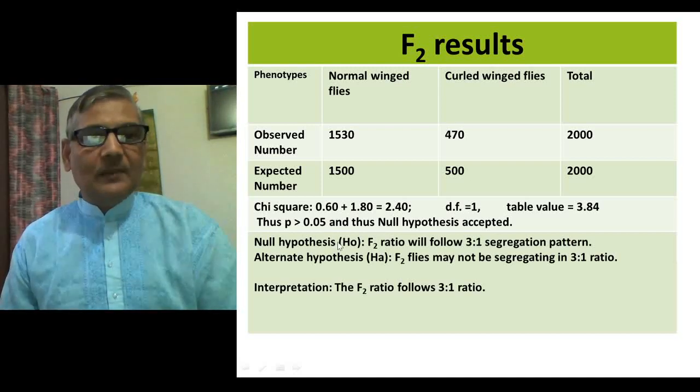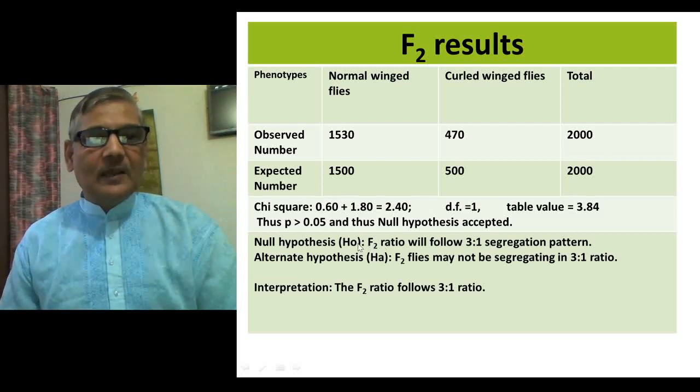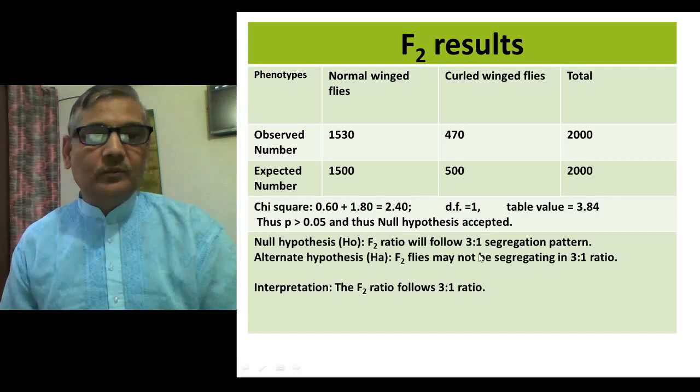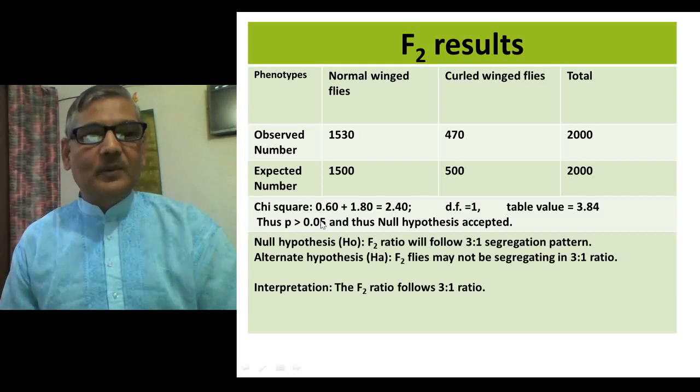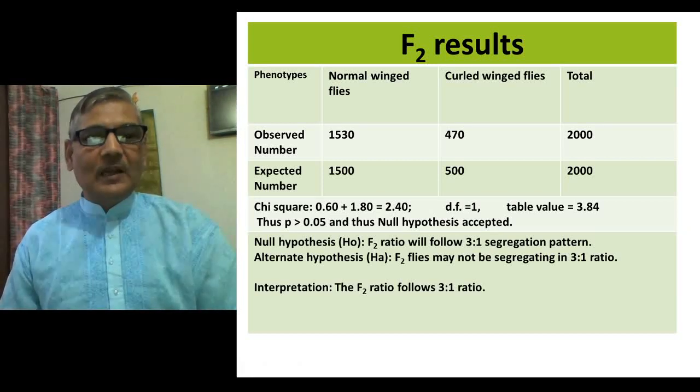And what is the null hypothesis? In the initial stage itself, we decide the null hypothesis, and that is that the F2 ratio will follow a 3:1 segregation pattern, whereas the alternate hypothesis will be that F2 flies may not be segregating in a 3:1 ratio. So since the probability of occurrence of this event is more than 5%, we accept the null hypothesis.